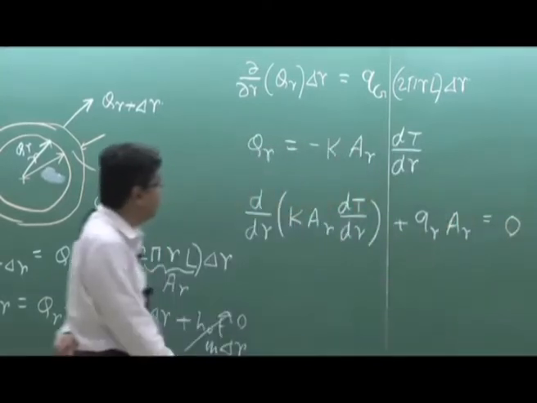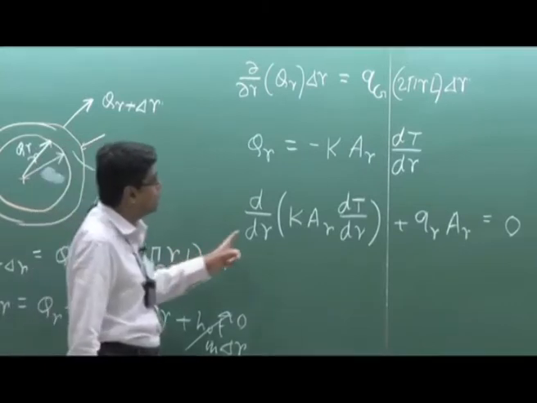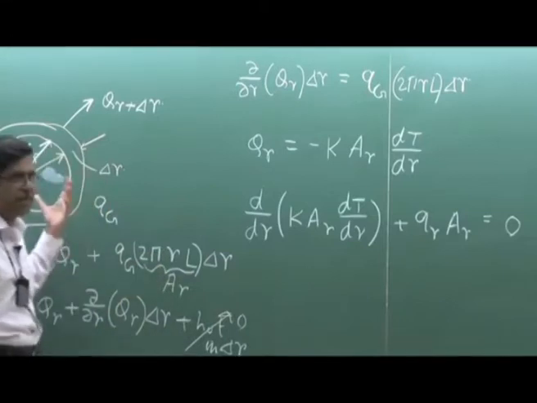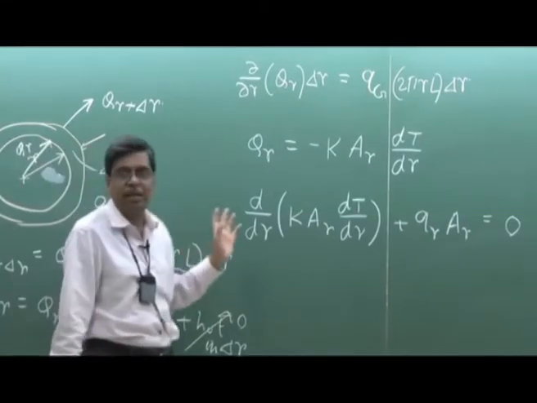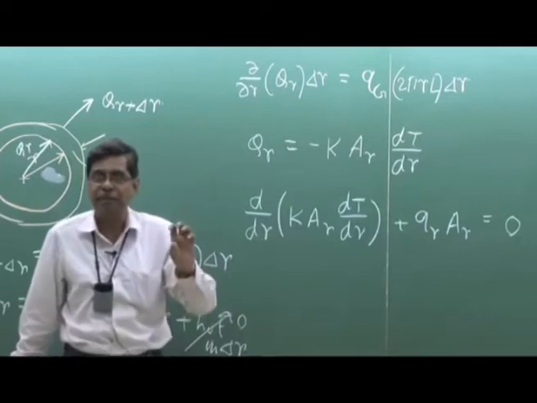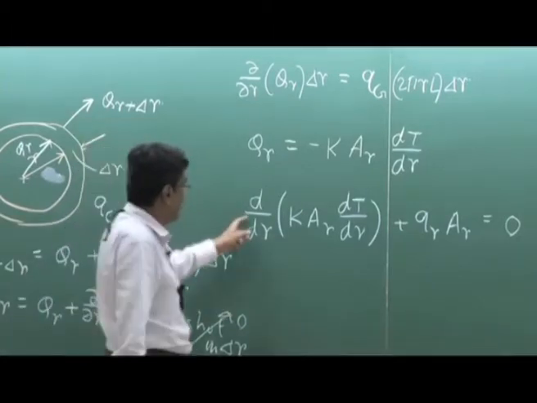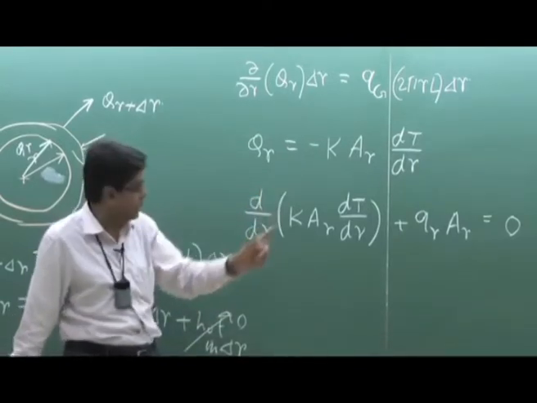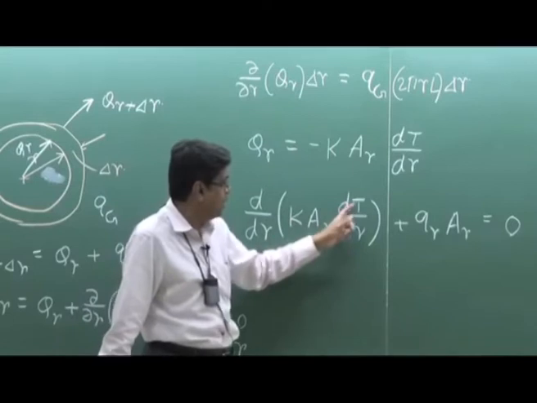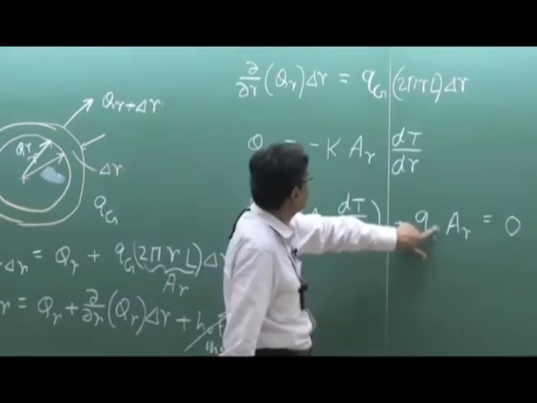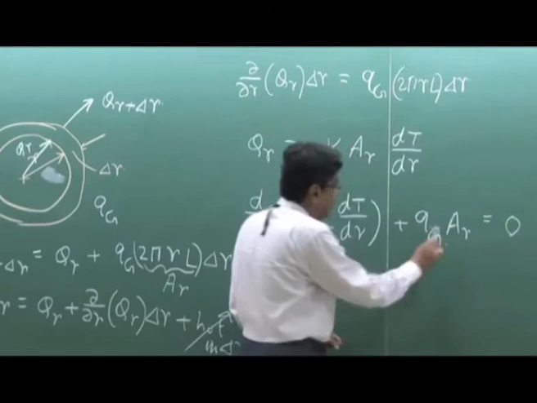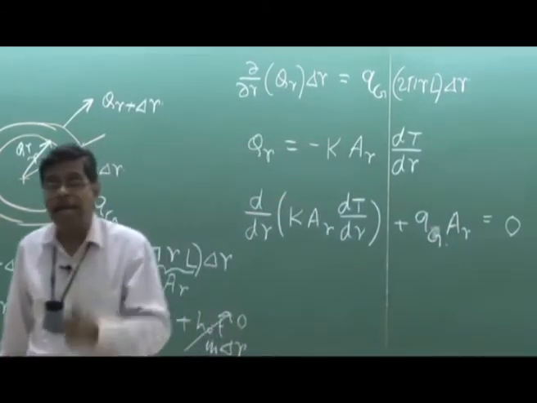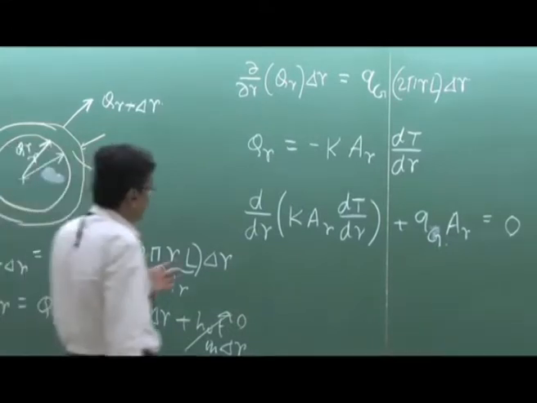Delta r gets cancelled. My sole intention in writing in this fashion, with AR though I wrote twice pi r L earlier, is that it is the same equation used in the plane surface with varying area: d dx in the Cartesian coordinate system, when T is a function of x, of k Ax dT dx plus, sorry, this is not QR, this is Qg, Qg Ax equals 0. But the difference is that in a plane area, this A may be constant under certain situations.